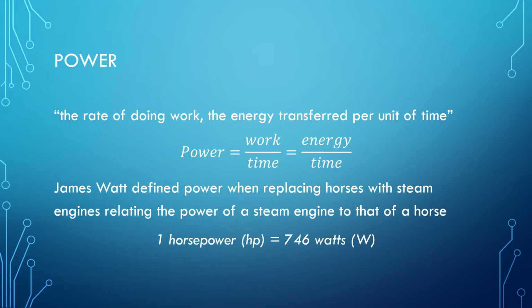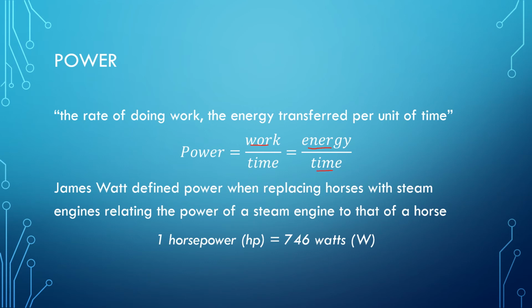Now let's look at power. Power is the rate of doing work, the energy transferred. When we calculate power, we're going to be taking work and dividing it by the time it took to do that work. And since work is a form of energy, we are basically taking how much energy was expended, and over what period of time that energy was expended.